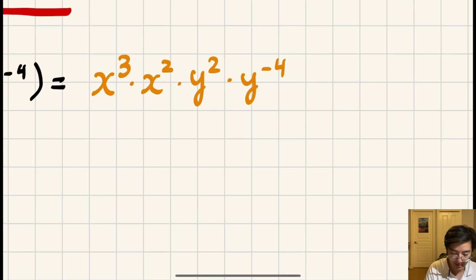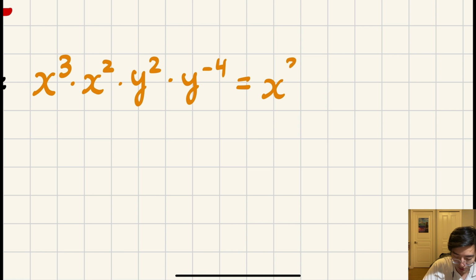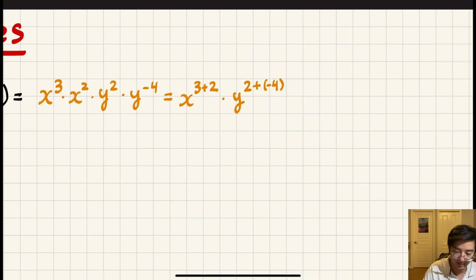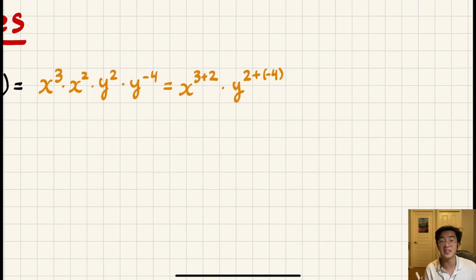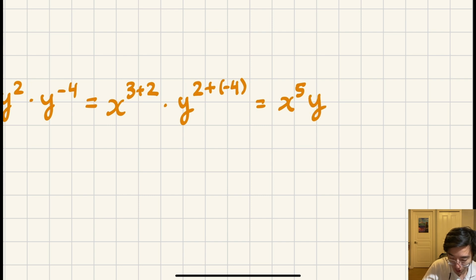So we have x to the power of 3 times x to the power of 2. All we're doing is adding the exponents together. And same thing with y. Because we are multiplying, we add the exponents together. Even though it's a negative exponent, because it's multiplication, we're still adding, not subtracting. So 3 plus 2 gets us 5. 2 plus negative 4, same thing as 2 minus 4, gets us negative 2.